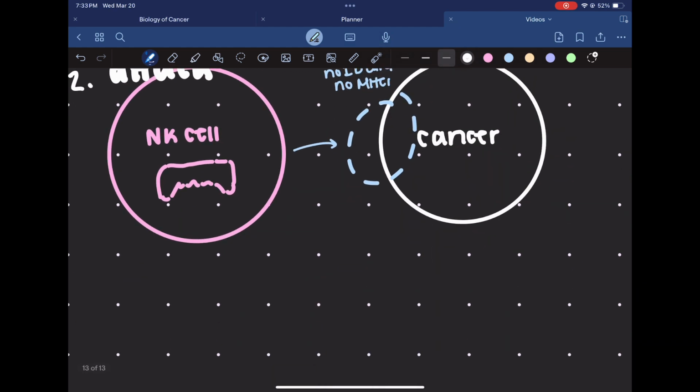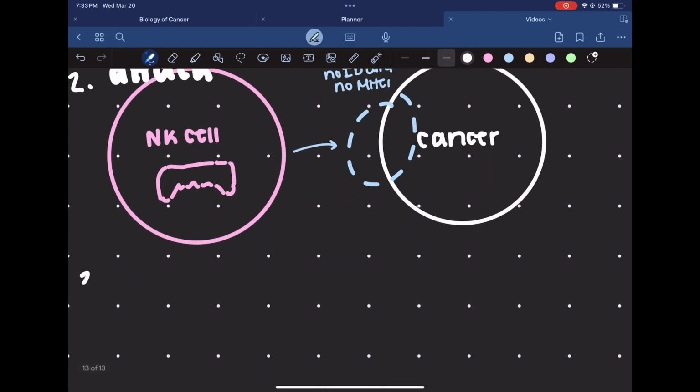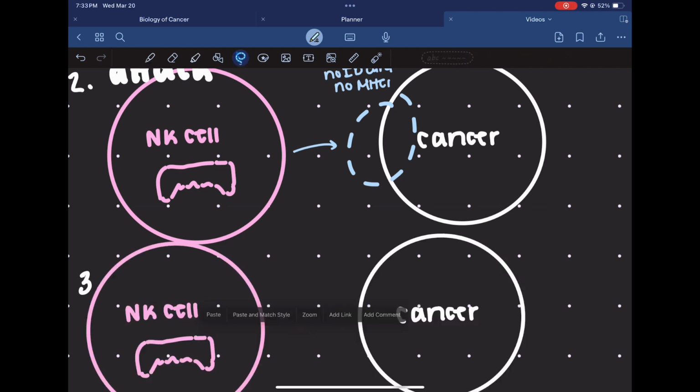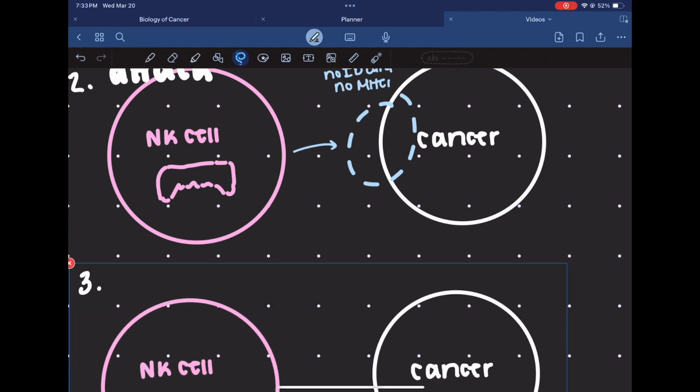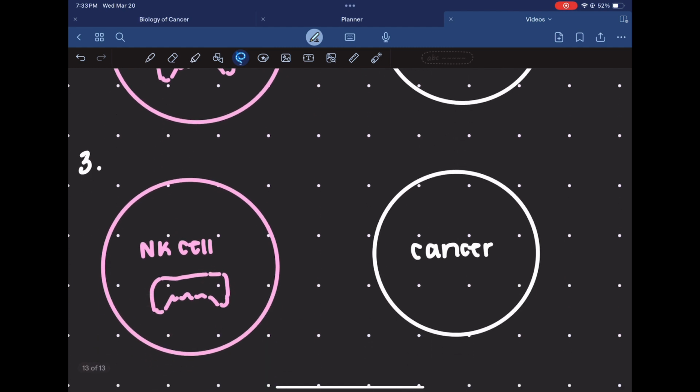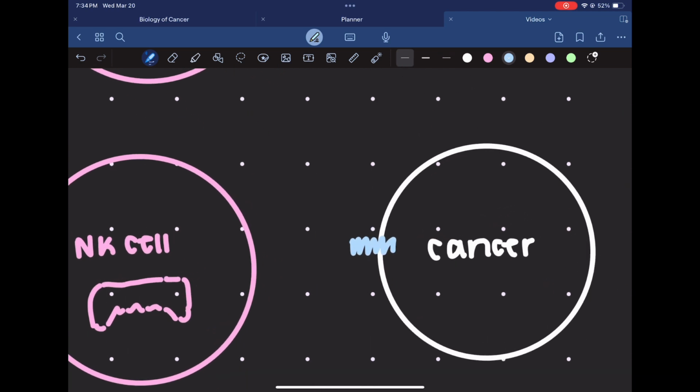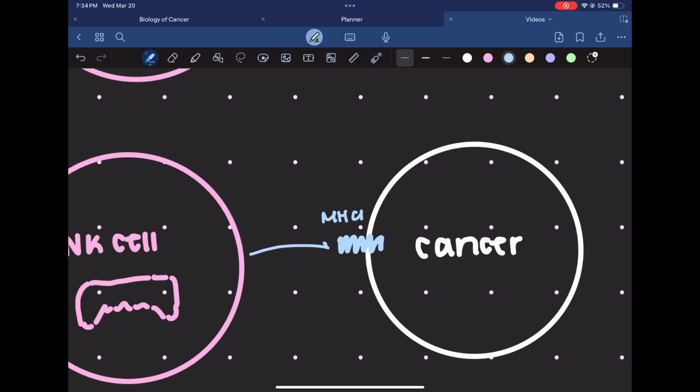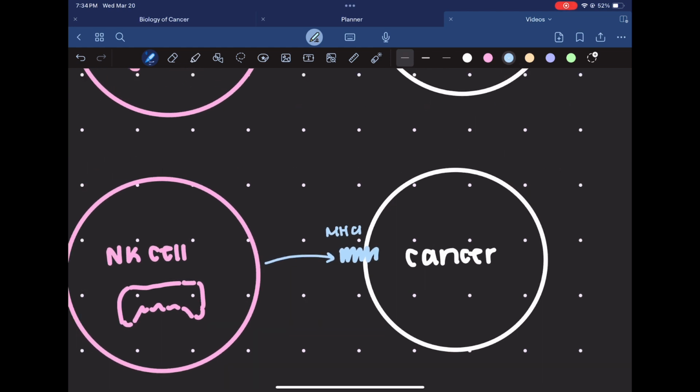And in our third scenario, if I paste this one more time, again looking at our NK cell and our cancer cell. In this case, we have an MHC1 on the surface of our cancer cell. So our NK cell recognizes that and says, okay, you're part of our body, you're supposed to be here.